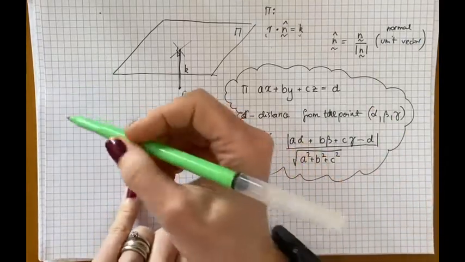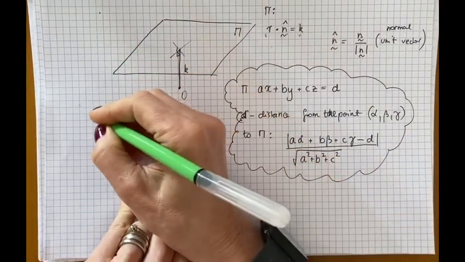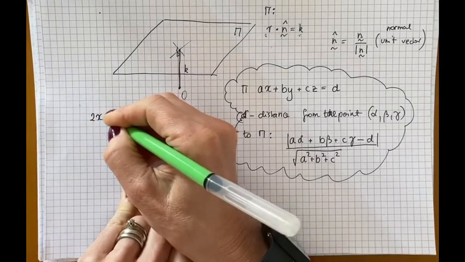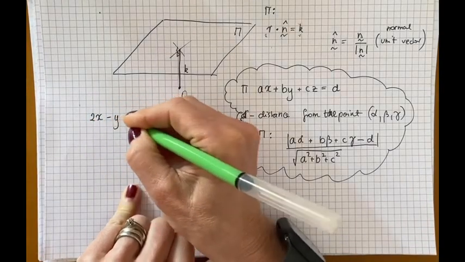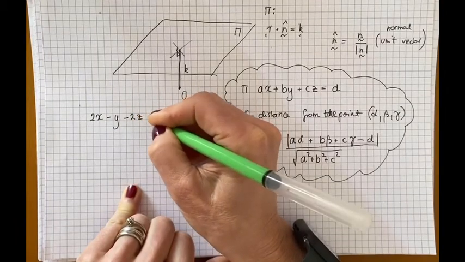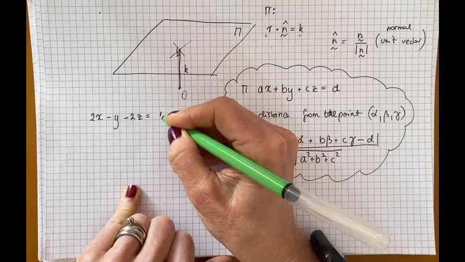So for example, if I had the following equation of a plane, so let's have 2x minus y minus 2z is equal to 4, for example.